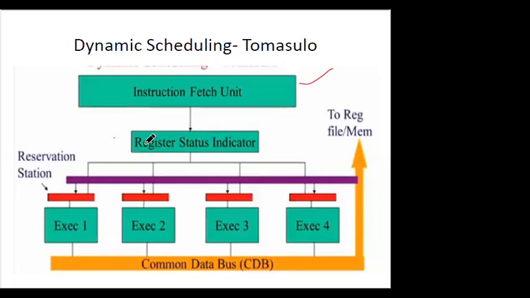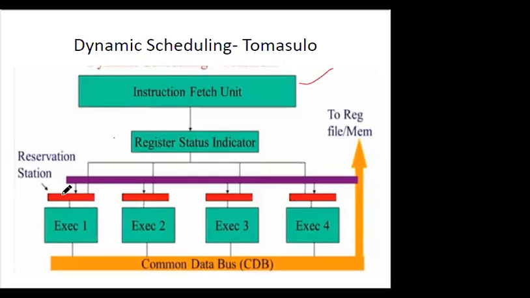Then we have a register status indicator. The register status indicator will display the status of the registers, whether the value that the instruction is expecting is available to it or not. We will see how this is being done.